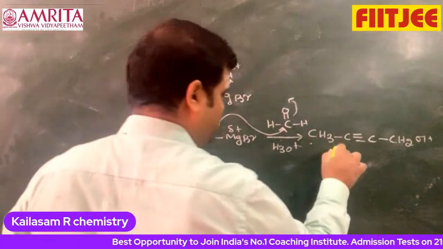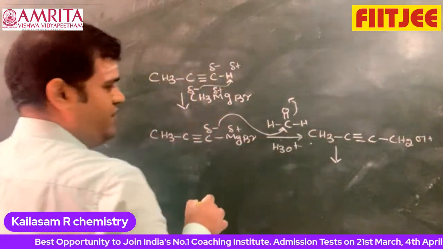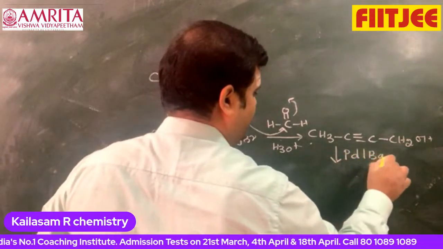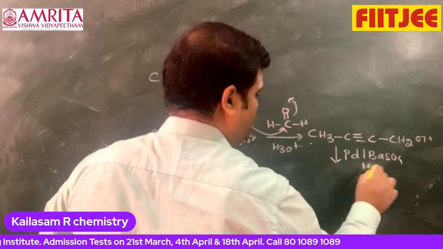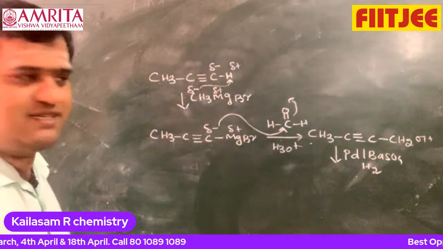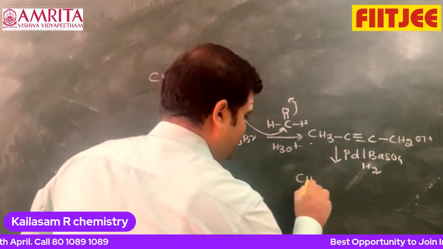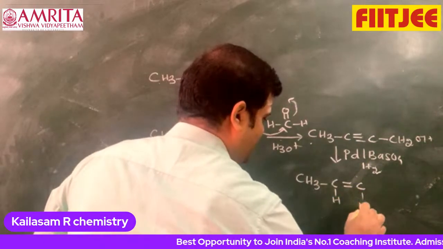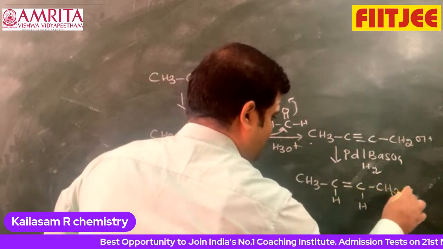Now I go with Lindlar's catalyst, palladium, barium sulfate, H2. The role here is that it follows syn addition to give a cis alkene. We'll get CH3, C double bond C, with H, H, and CH2OH.